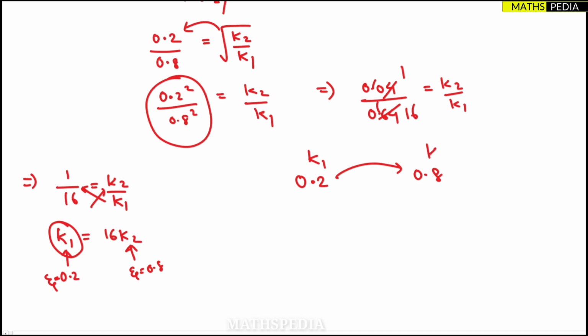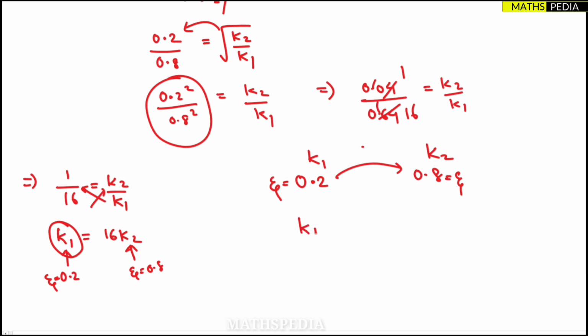This is k1, this is k2, this is zeta 1, zeta 2. So by what value should I multiply k1 to get k2?